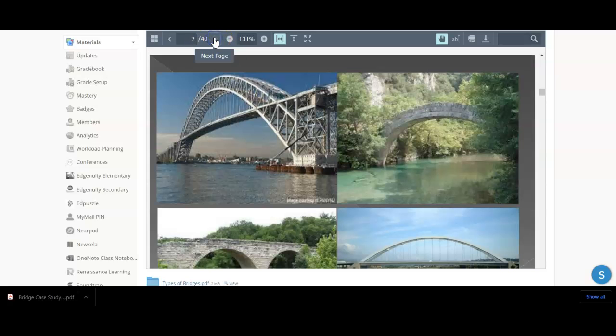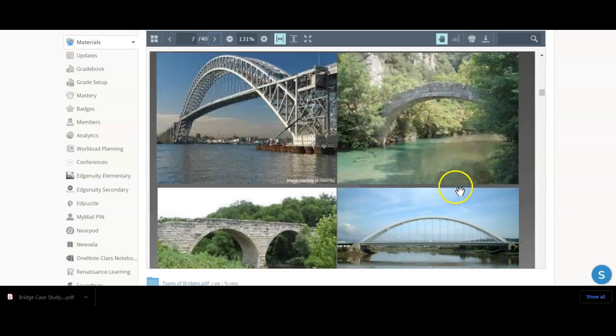And so the arch bridge typically was conceived in the Middle Ages, and they were made out of stone, quarried from a local mountain, so basically carved out of a mountain piece by piece. They took forever to make, and they really don't have a long span, so you need multiple arches for a very short bridge.